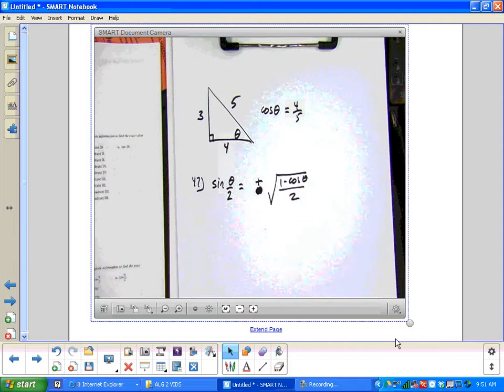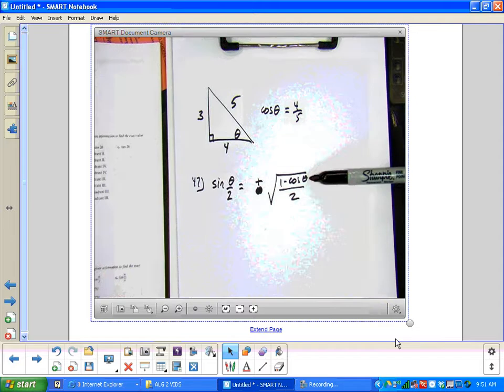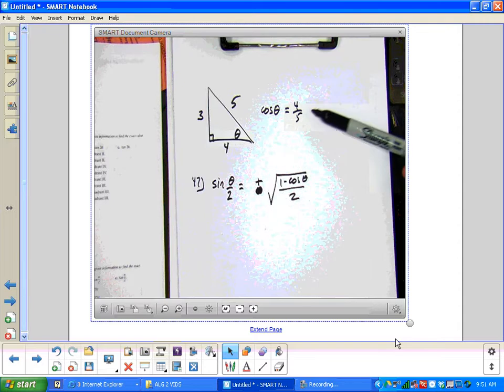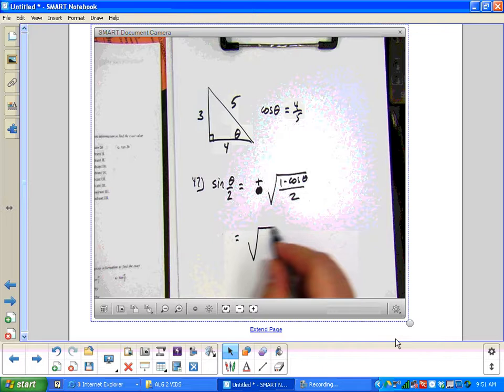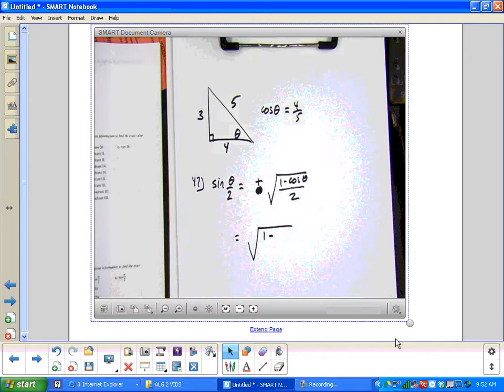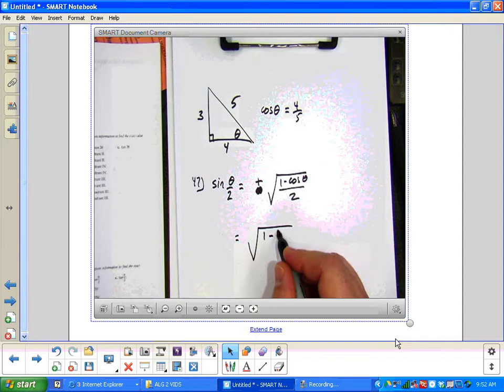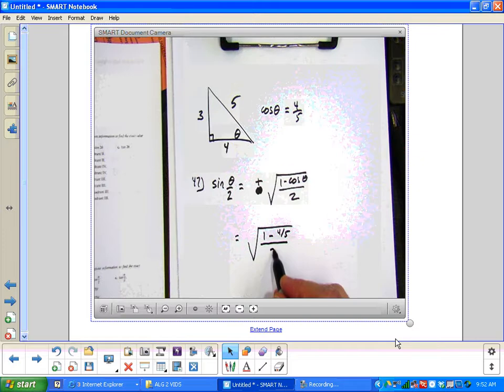So it makes these problems a little bit easier because you don't have to deal with that. It's just positive. So now all I'm going to have to do is fill in right here what the cosine of theta is. And so we already found it because I knew that I was going to need it. So let's put that in there. So it'd be square root 1, now minus, what is the cosine theta? 4/5. All right, over 2.